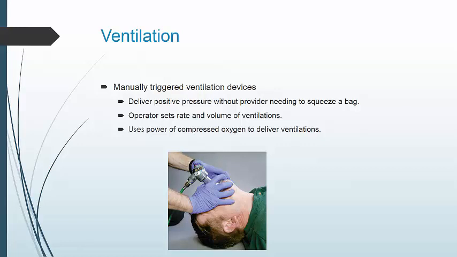We're going to ventilate the patients with these only enough volume to cause chest rise at a rate of 10 to 12 breaths per minute. And we want to make extra sure when we're ventilating patients with chest trauma because it's very difficult or impossible to judge compliance when you're delivering these ventilations, because you're not feeling the bag there, that increased pressure. So only use just enough pressure to increase the chest rise and fall, and be very careful and evaluate thoroughly for a pneumothorax.